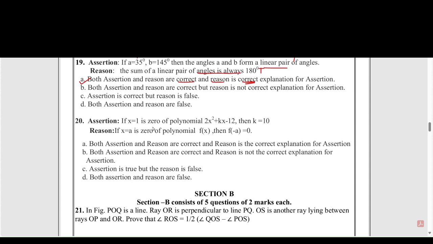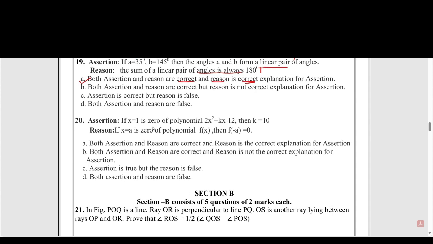Okay, next. If x equals 1 is a zero of a polynomial, for that you need to check. Substitute x as 1 square plus k into 1 minus 12. Always try to substitute with the help of brackets. Since it is a zero, it is equal to 0.